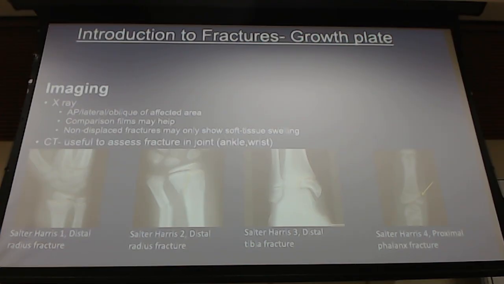The Salter-Harris 3 here, that definitely is intra-articular. Okay. Sometimes some of these fracture lines do not show up on X-ray. Okay. Sometimes they do not show up on X-ray. So you have to understand and have a high index of suspicion to understand how you need to treat these.